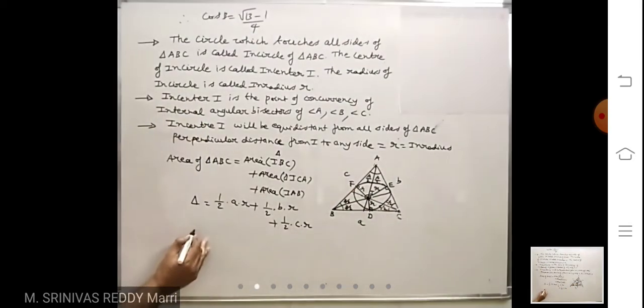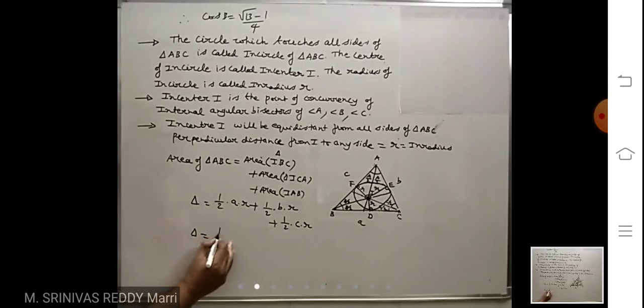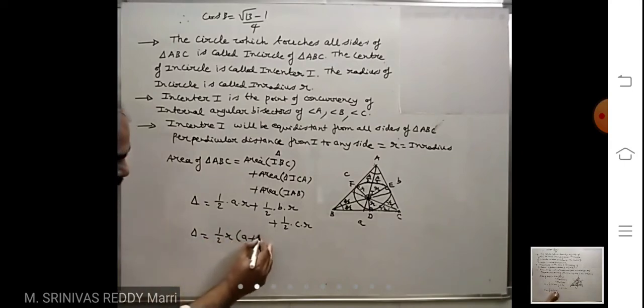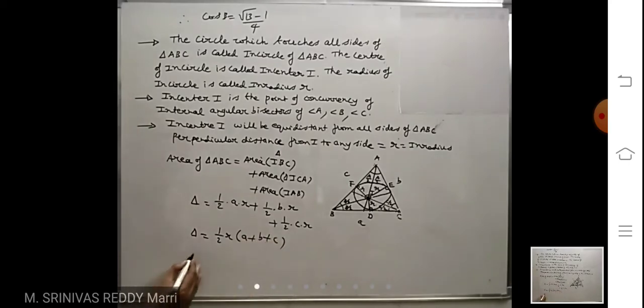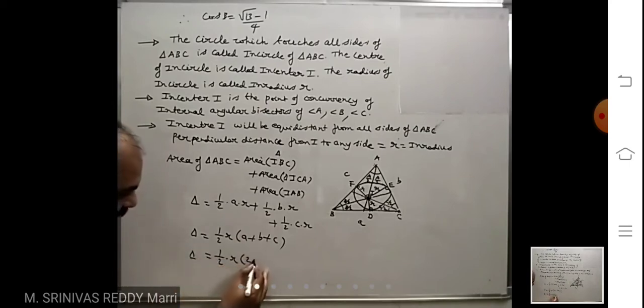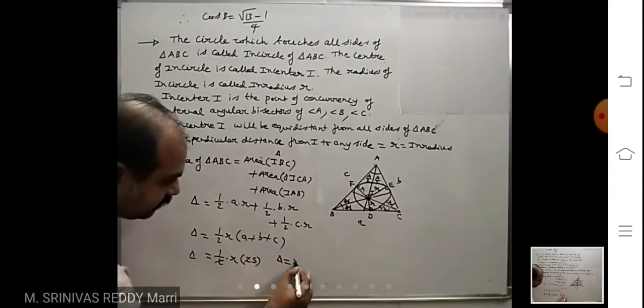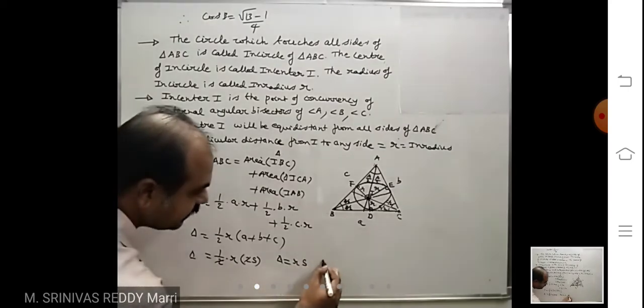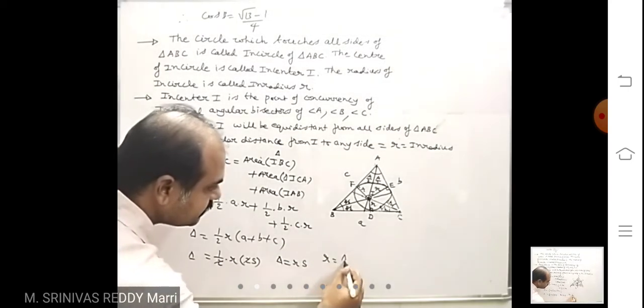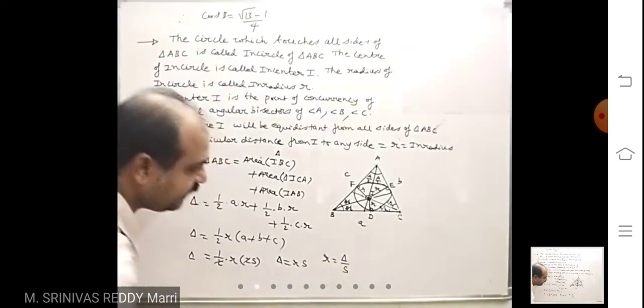So delta equals half r, taking it common, times a plus b plus c. That means delta is half into r into 2s. The 2 cancels, so you get delta equals rs. Therefore r is delta divided by s.